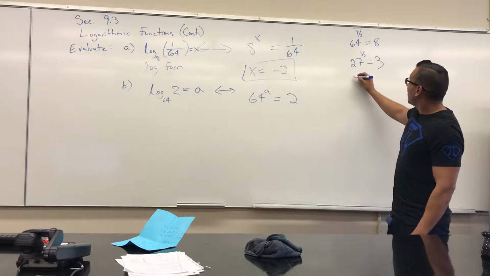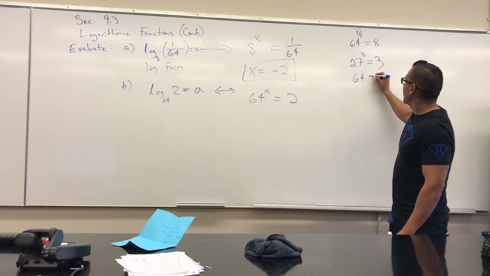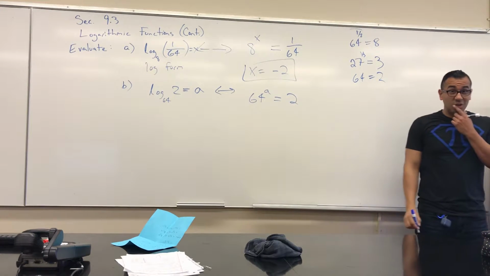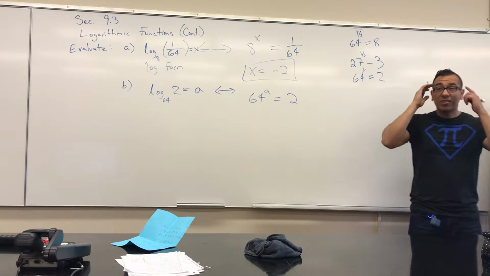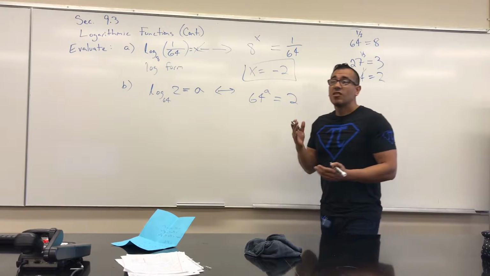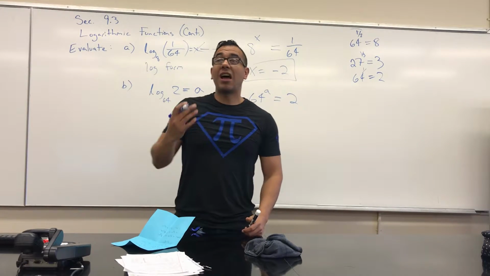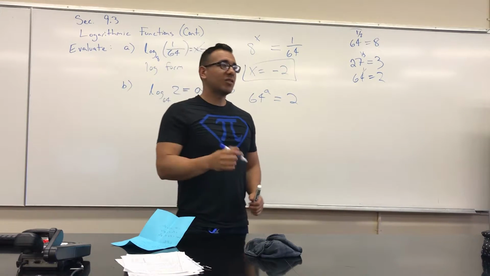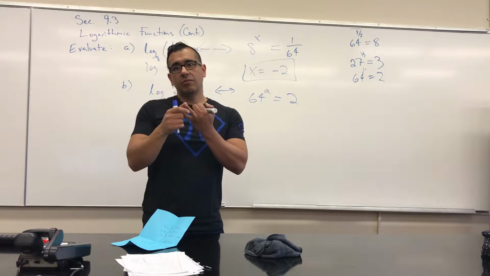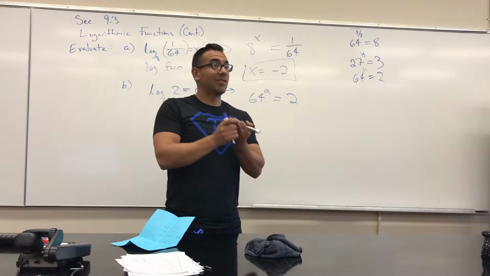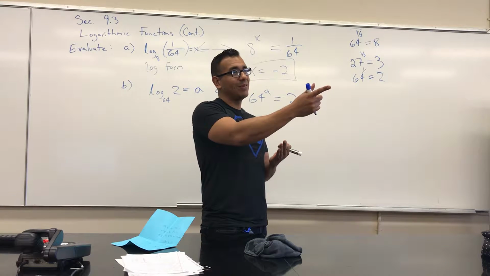Now that I have 64 and I want to get 2, I already know it's going to be 1 over something. So think about 2 times itself. How many times will give you 64? 2 times 2 gives me 4, times 2. So what did you get? 6.